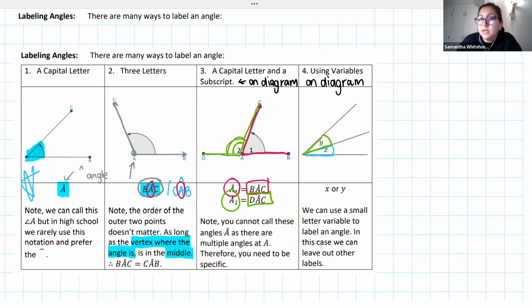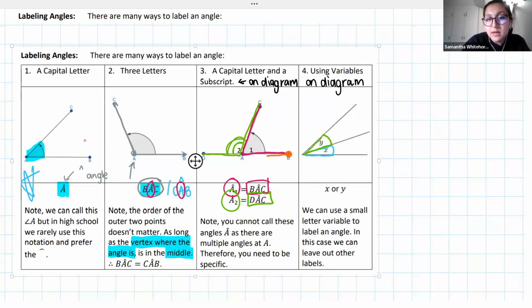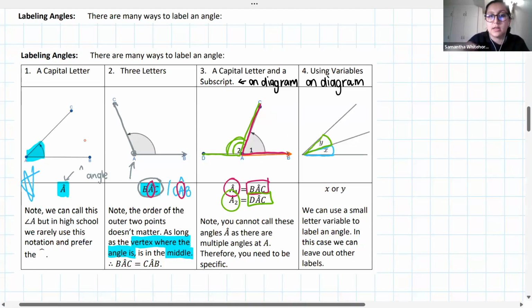Right, Joshua, there should be a pop-up to unmute yourself. There we go. Okay. So, ma'am, I can't use A, B, or C. I have to put A in the middle. Yes, so you can use A, B, and C, but it has to be in the middle. So if we go here and we follow, I start at B, I go to A, and then I go, and now it's got a line. Let's try that again. Right.